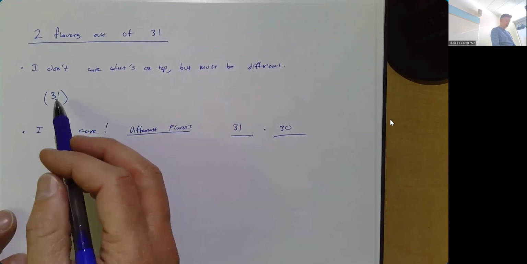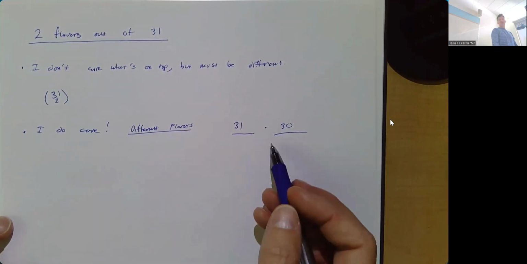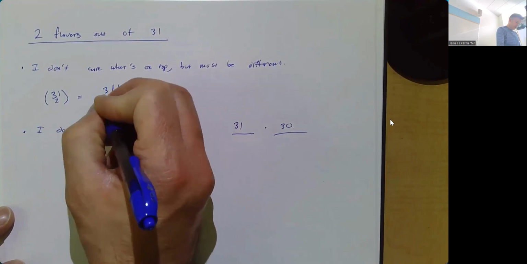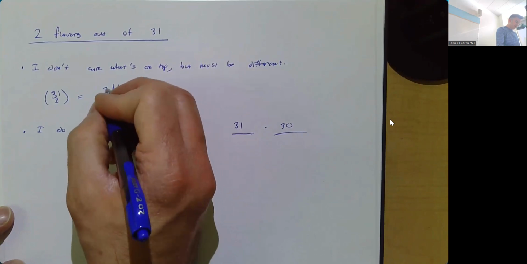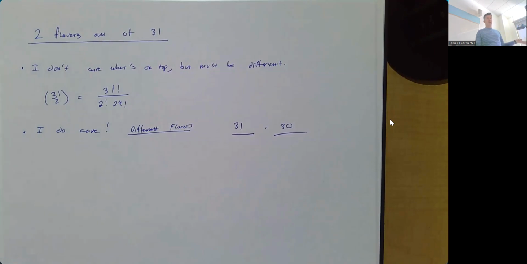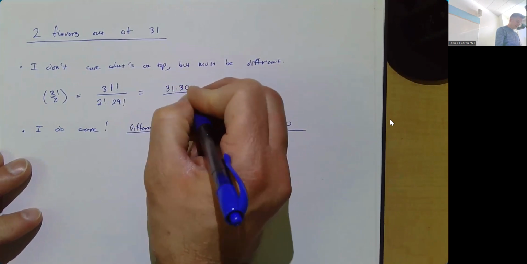I could, if I wanted to go from here to here, I could do it that way, yeah. Or I could just do this, right? But this really is 31 factorial over 2 factorial times 29 factorial. But 31 factorial over 29 factorial, most of the numbers cancel out, and you're left with 31 times 30. So this is really equal to 31 times 30 over 2 factorial.